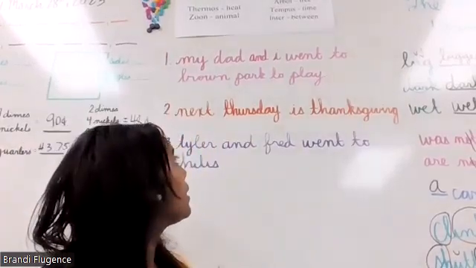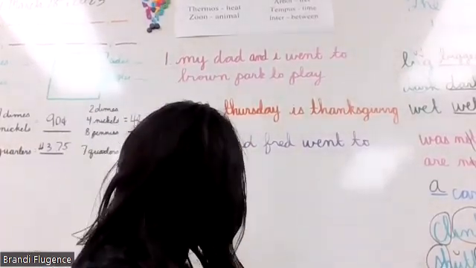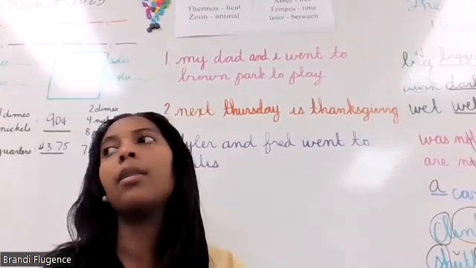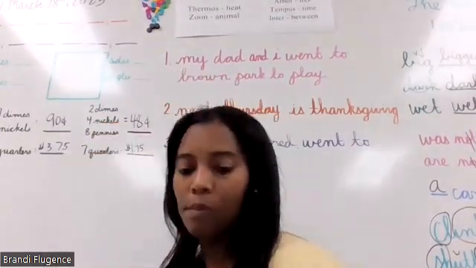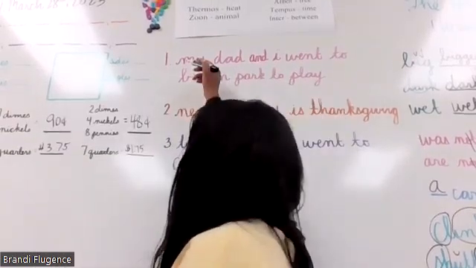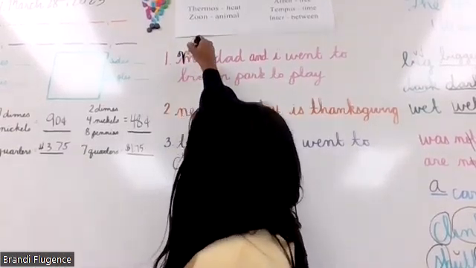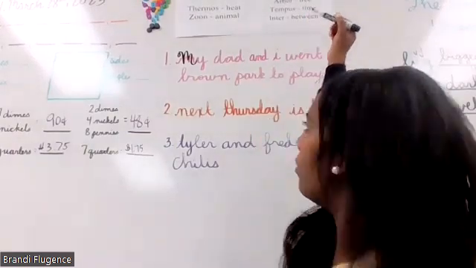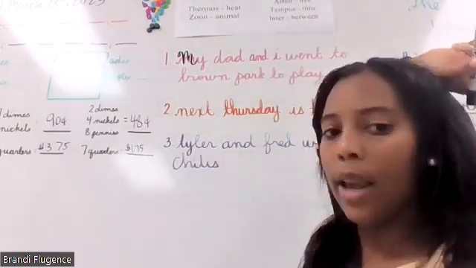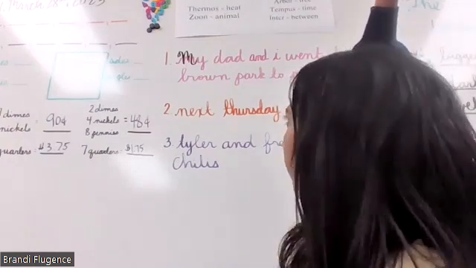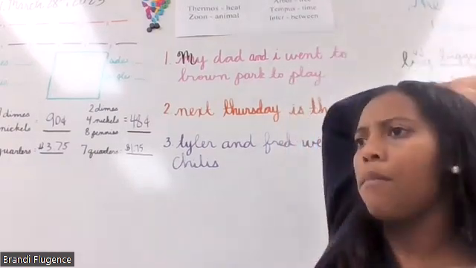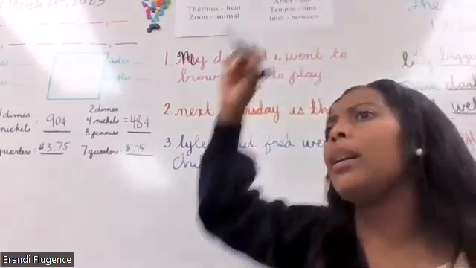All right, number one, my dad and I went to Brown Park to play. How would I write this sentence the correct way? Capitalize first letter M. That is not a proper noun. All right, let's help him out a little bit.